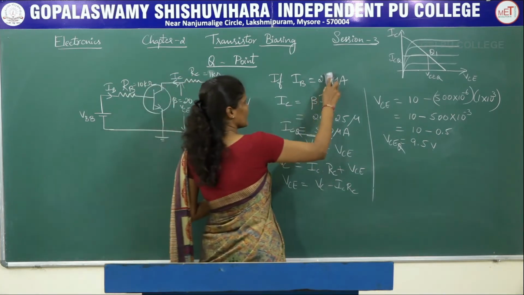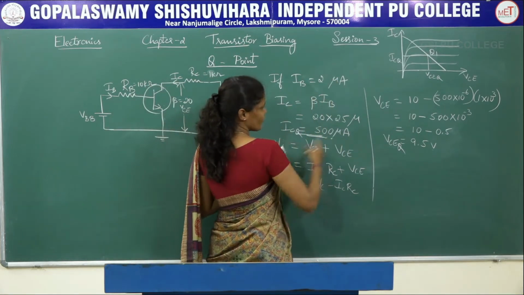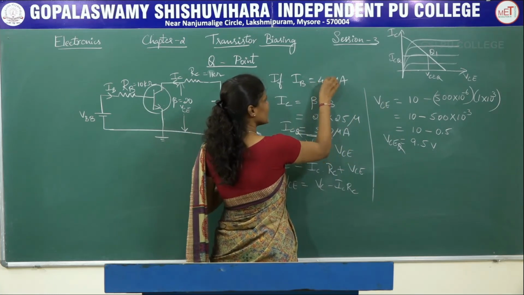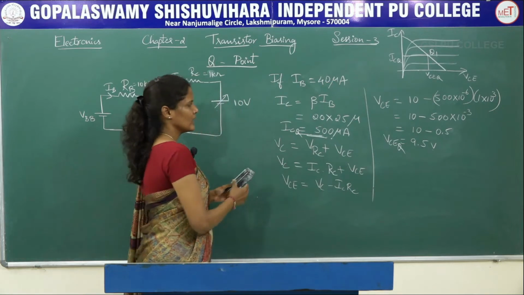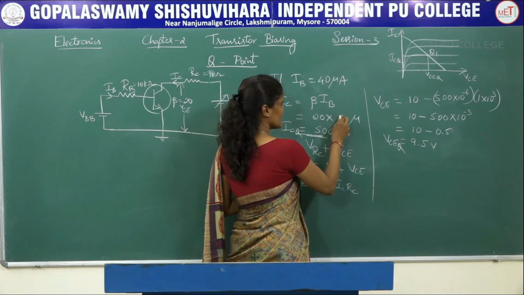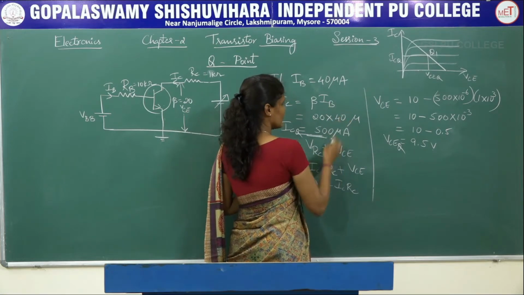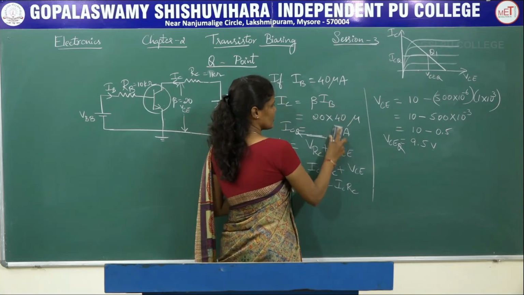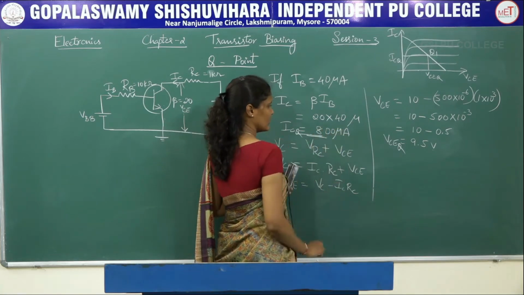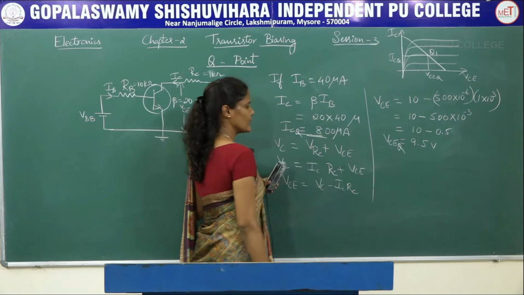Now, if I change the value of base current to some other value, if I change it to 40, it will change over here. It was 25, now I have changed it to 40 micro. So 4 twos are 800 microamps.